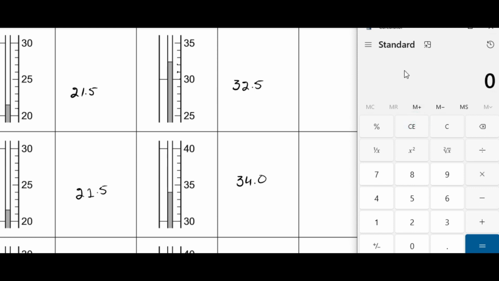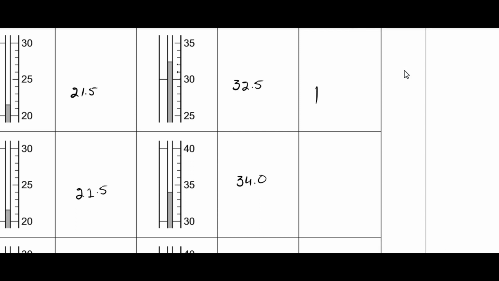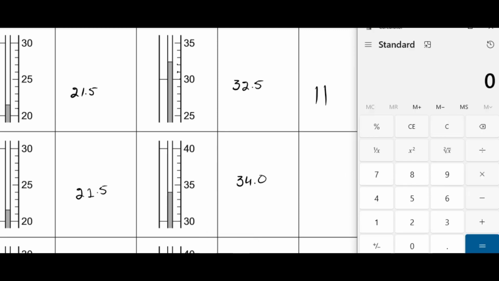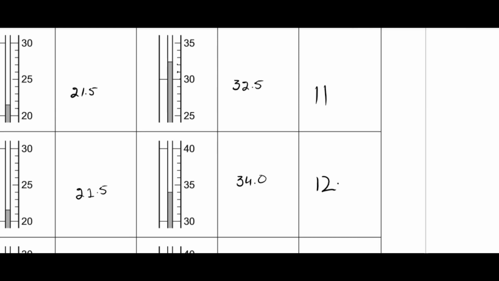Next final temperature is 32.5 Celsius and the initial temperature is 21.5. Subtracting 21.5 from 32.5 results in 11. Next final temperature is 34 Celsius while initial is 21.5. Subtracting 21.5 from 34 results in 12.5.